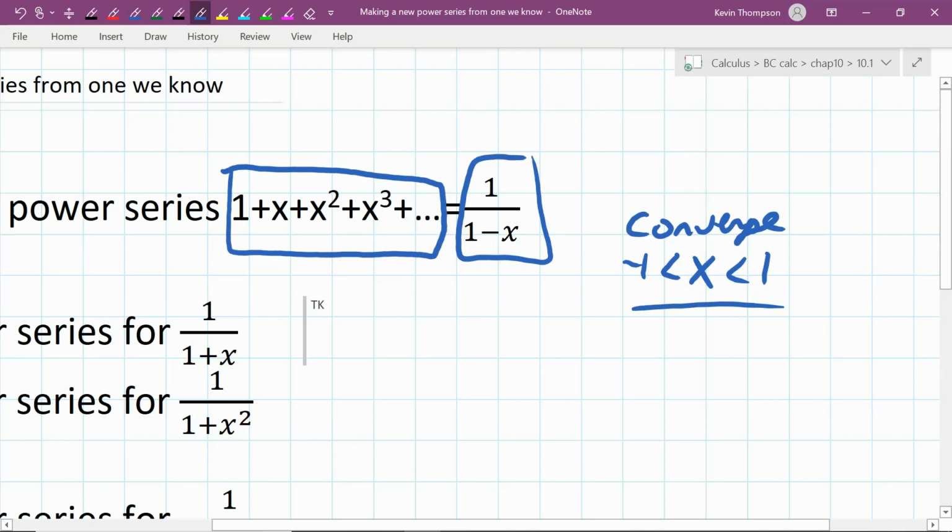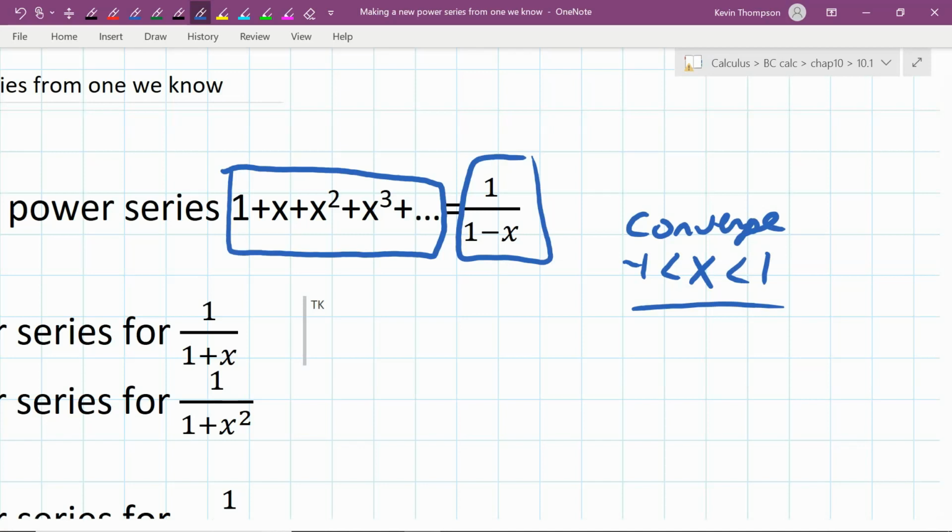Let me say that again. That infinite polynomial, that's what the left side is, right? 1 plus x squared plus et cetera, on and on, forever and ever. That polynomial is identical to that rational function on the interval from -1 to 1.